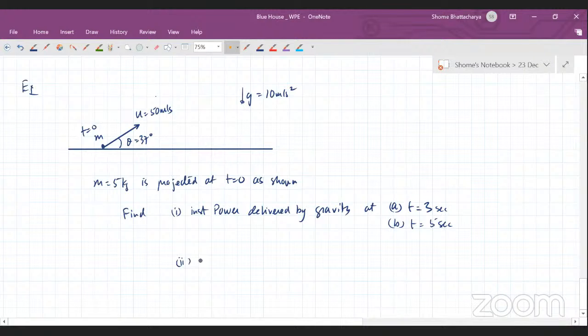We'll also calculate the average power from 0 to 3 seconds.